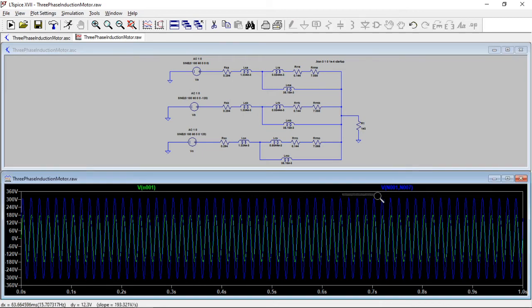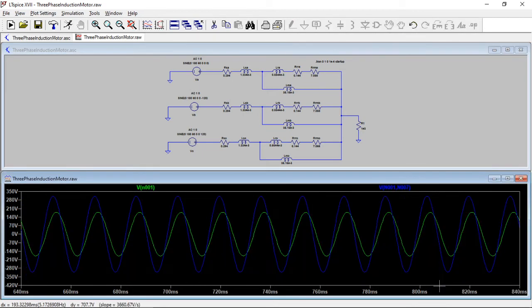If we look at this, this is the voltage line to line, and then this is the voltage from this particular line here. So this corresponds to the 127 RMS. This corresponds to the 220 RMS. Okay, let's see, what else can we do here?